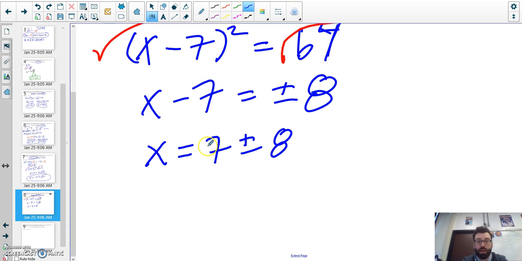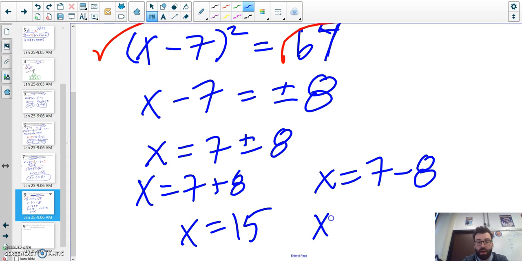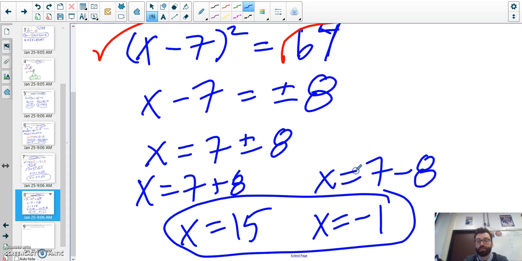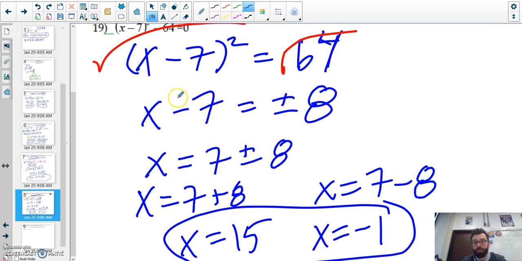So I need to do 7 plus 8, and 7 minus 8 to get my two answers. So x should equal 15. X should equal negative 1. And I'm going to let you in on a little secret here. We could have factored this because it came out to nice whole integers. But it was easier in my mind to do the square root method.